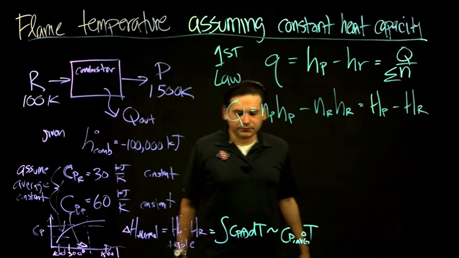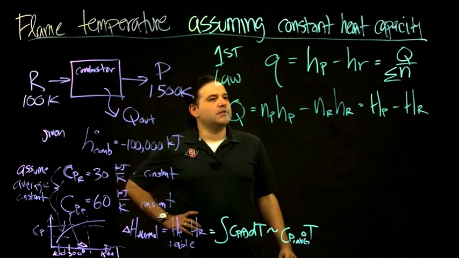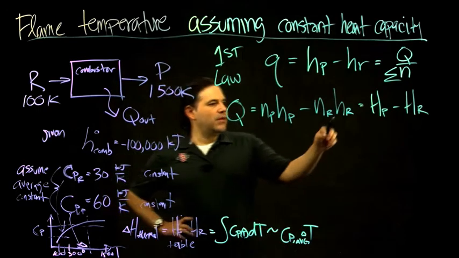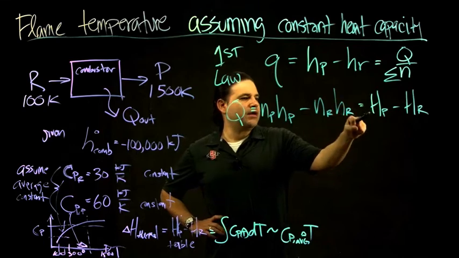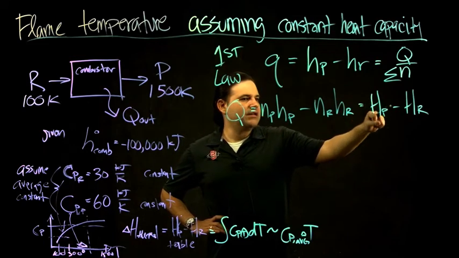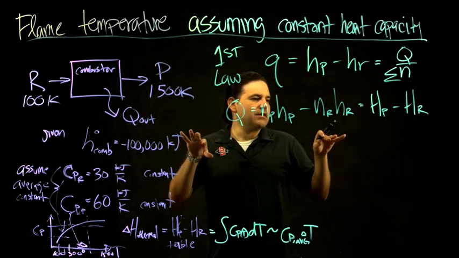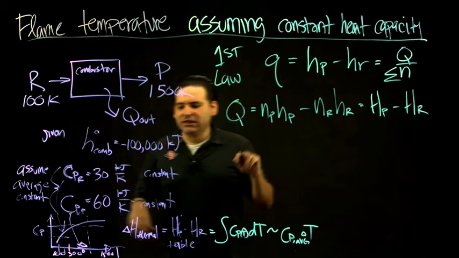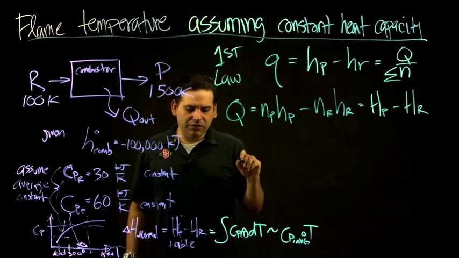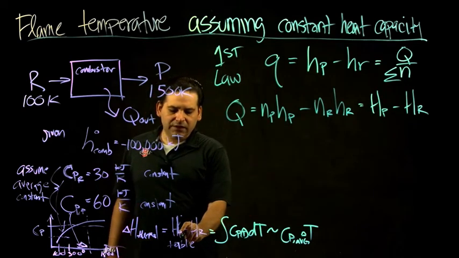Okay, then we're going to write this enthalpy for the products and the enthalpy of the reactants. We're going to separate out their chemical bond components and their thermal sensible enthalpy change components. So this should be sensible thermal.